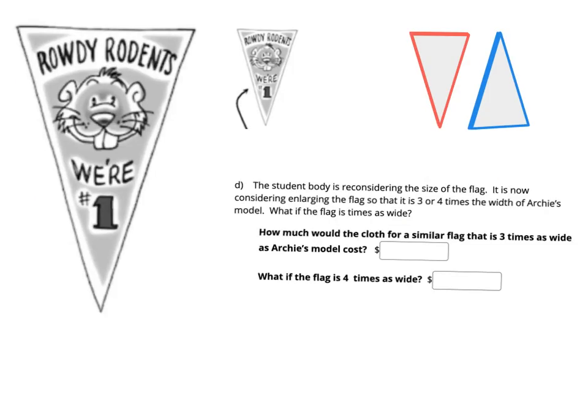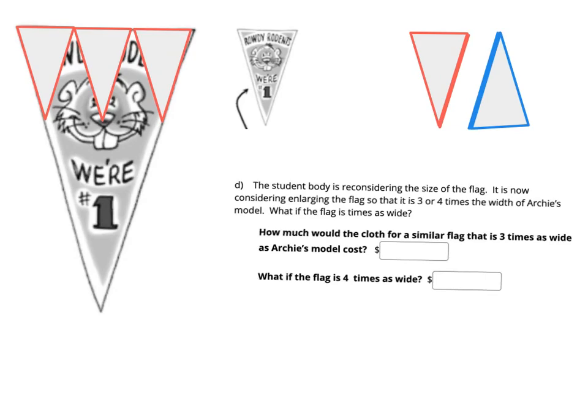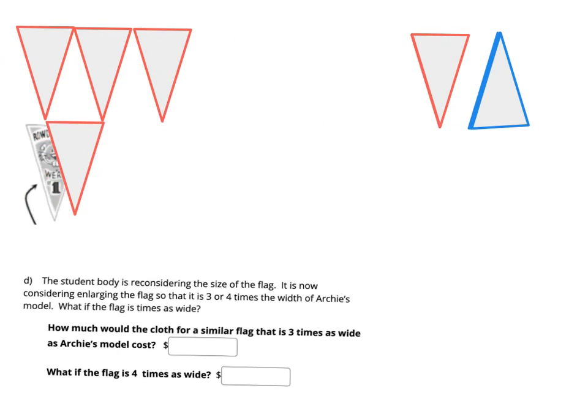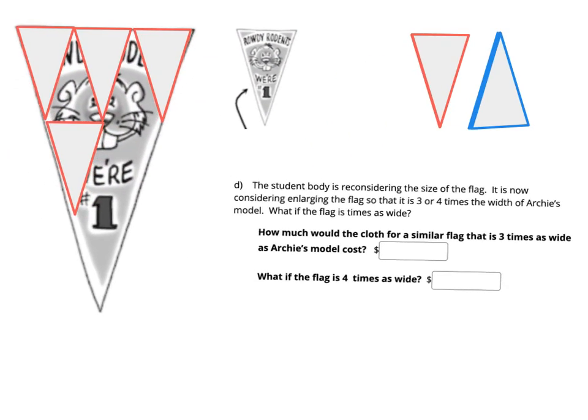Now what happens if instead of being twice as big, or in other words, twice as high and twice as wide, then what happens to the area? So we're going to do the same thing we just did in the previous one by taking triangles and moving them over this flag and counting how many of these triangles it takes.